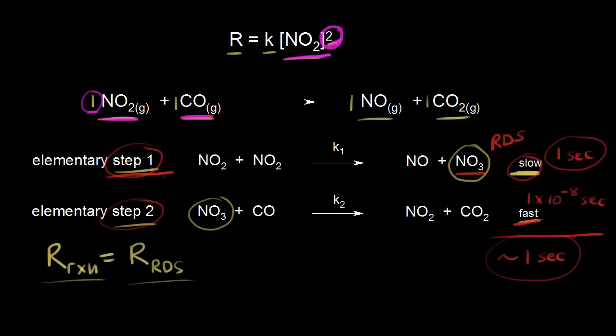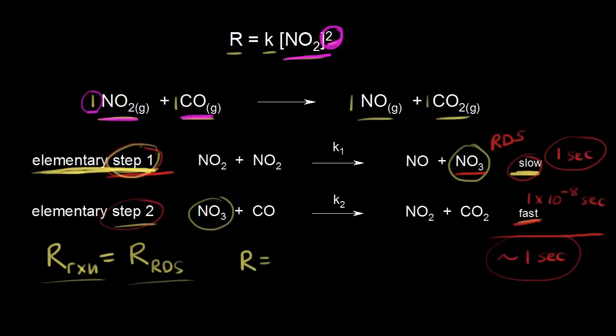So we can figure out the rate of the rate determining step because this is an elementary reaction. Step 1 is our rate determining step, and this is an elementary reaction. And we talked about in an earlier video how to find the rate law for an elementary reaction. Right, you would start by writing the rate of the reaction is equal to the rate constant.